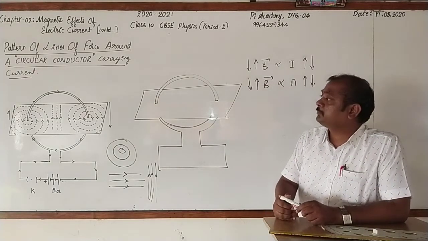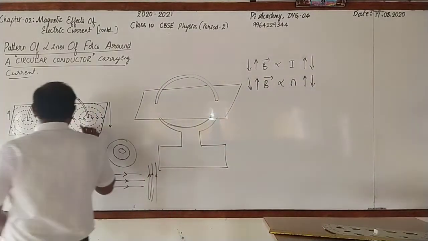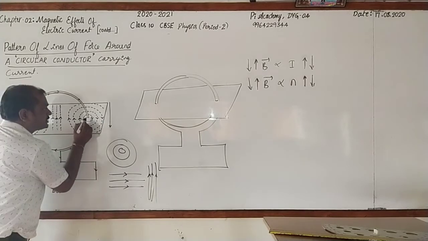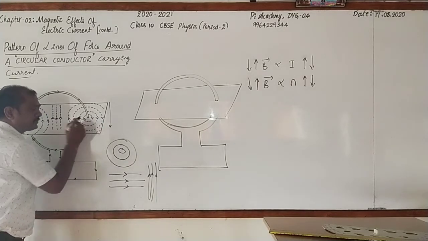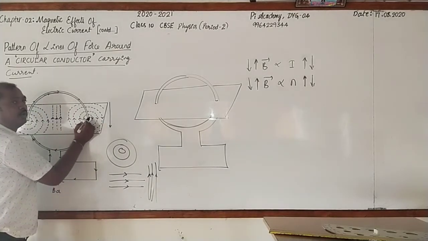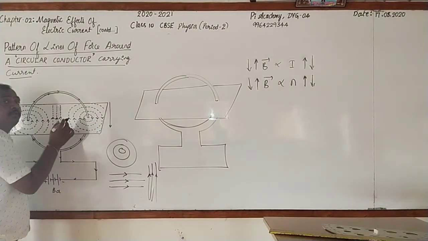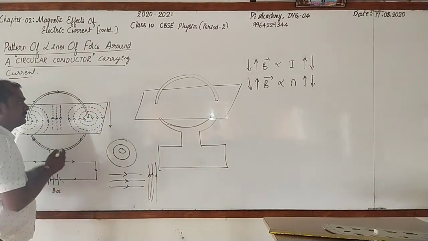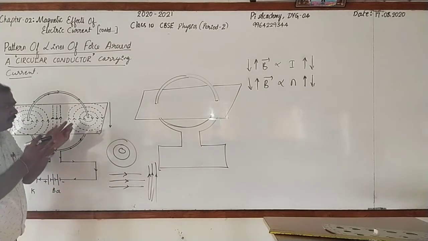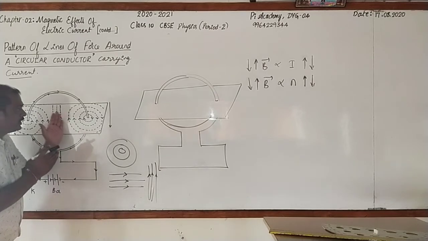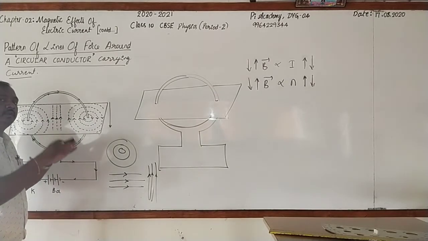Next, another important point. Look here, with respect to these concentric circles which represent the lines of force, as the distance of the lines of force increases, what happens to the field strength? Decreases. Because if the lines of force are very close, it will have more strength. If it is far, its strength decreases.